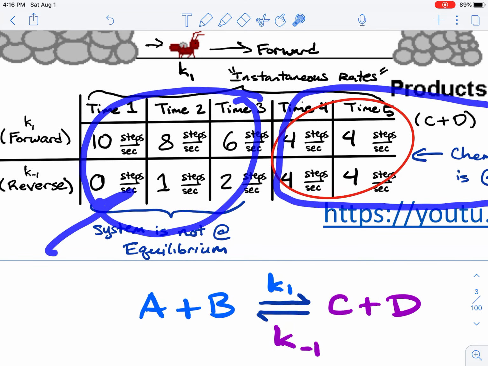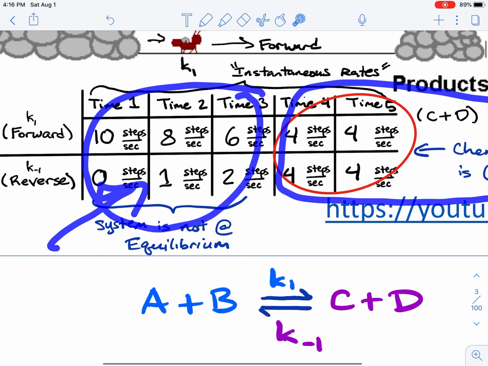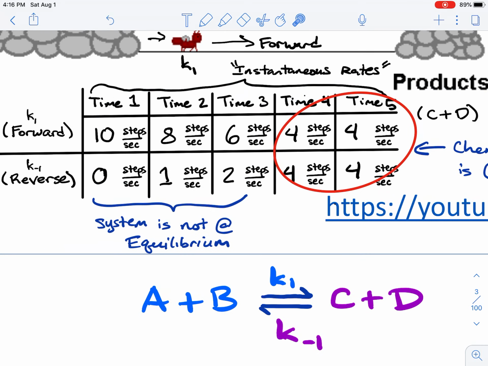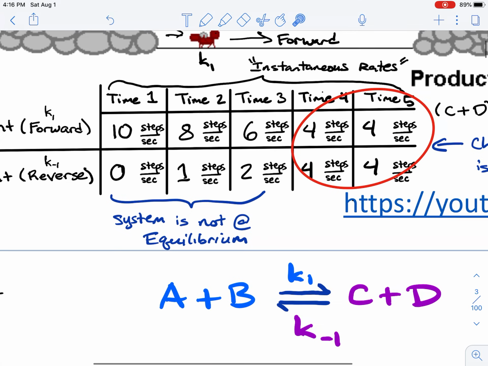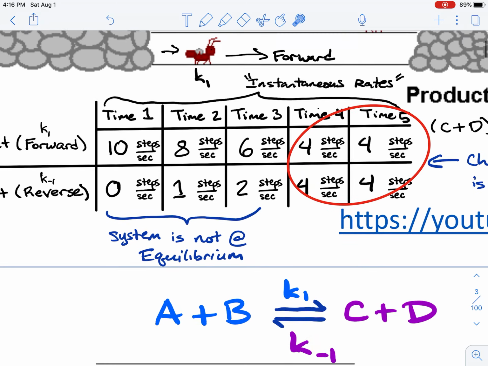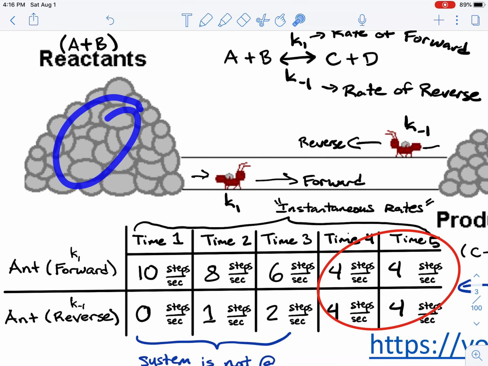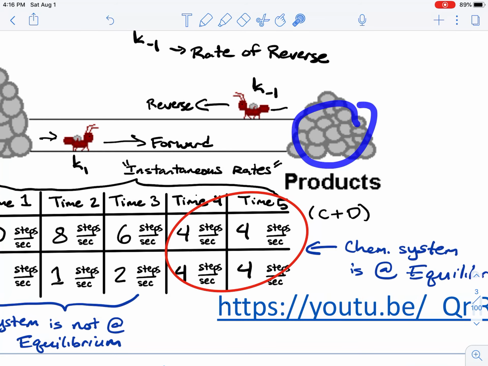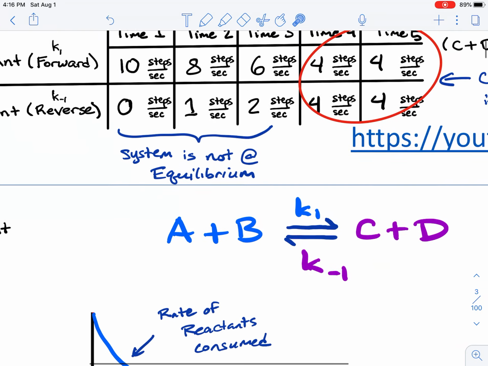And so what we're going to do is look at the three different scenarios in which the rate of the forward and reverse might change just a little bit before equilibrium has been reached. And how will that affect the amount of reactants, and how will that affect the amount of products at equilibrium?